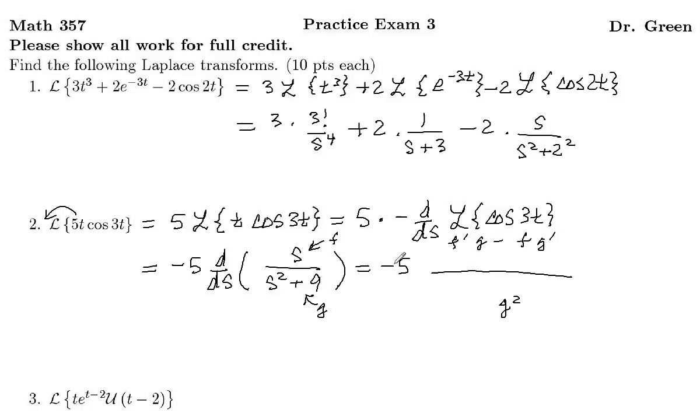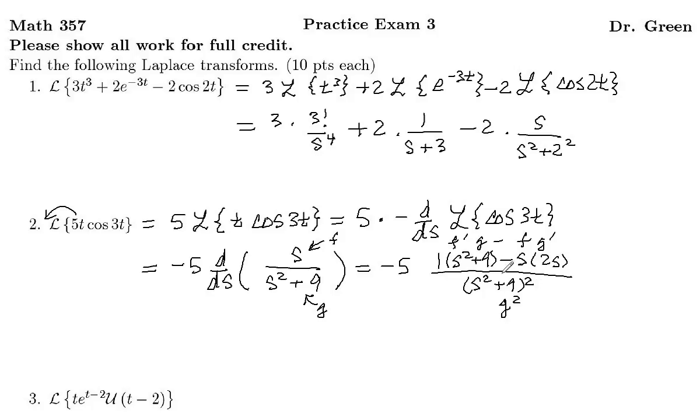The derivative of the top is 1, times the bottom, s squared plus 9, minus the top, which is s, times the derivative of the bottom, which is 2s, and then over the bottom squared, s squared plus 9 quantity squared.